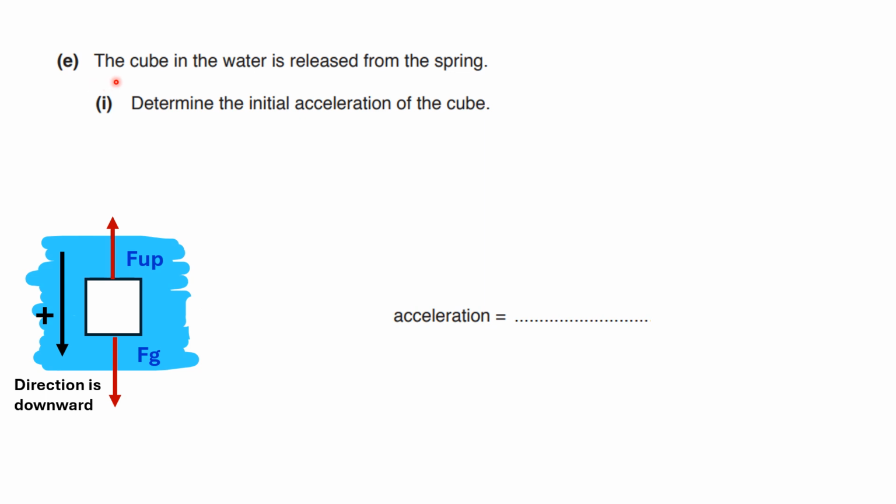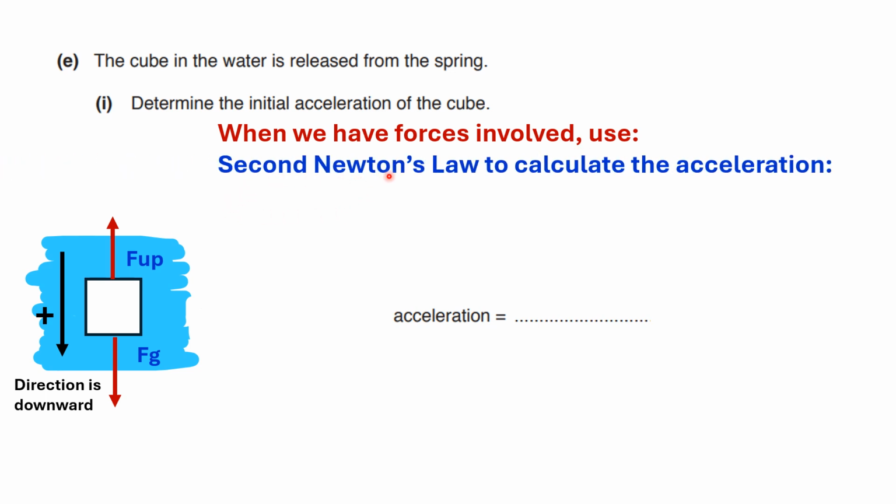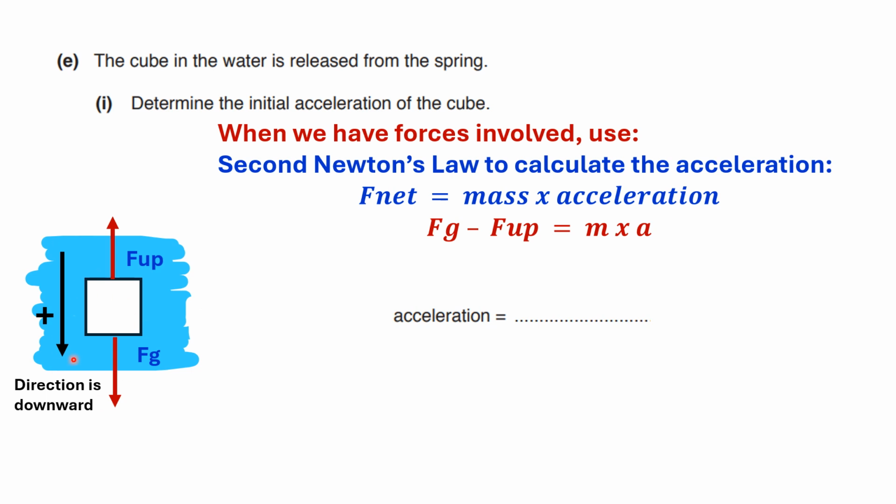Question E. The cube in the water is released from the spring. Determine the initial acceleration of the cube. When we have forces involved, let's use Newton's second law to calculate the acceleration. So F net is equal to ma. The forces acting on this cube are the weight minus F up.